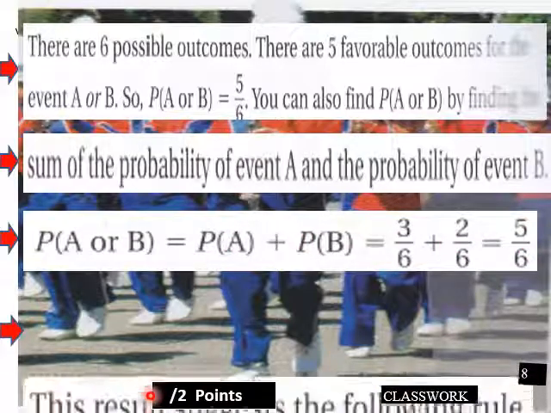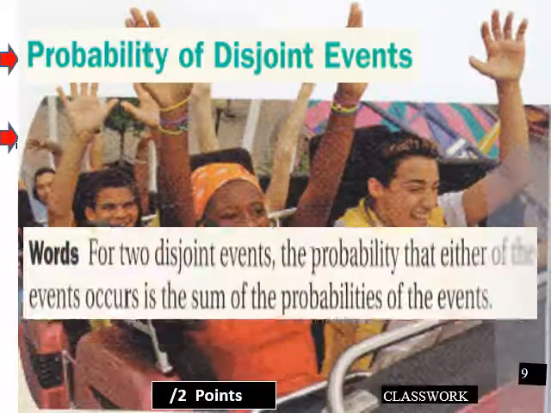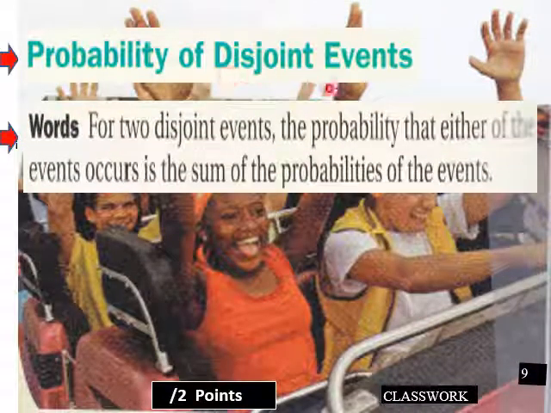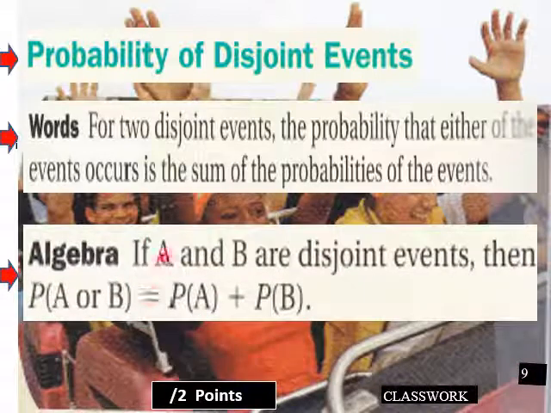The result should be the following rule. Probability of disjoint events: for 2 disjoint events, the probability that either of the events occur is the sum of the probabilities of the events. So if A and B are disjoint, then the probability of A or B is the probability of A plus the probability of B.